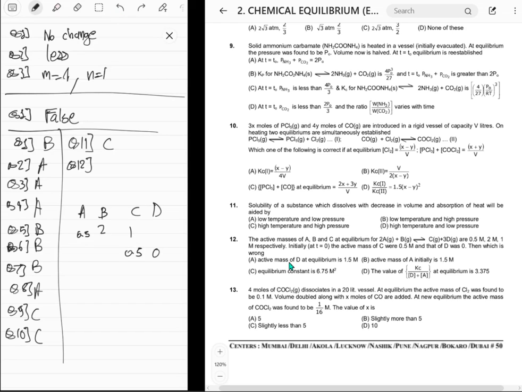So 0.5 will be added to B, so it's 2.5, and 1 will be added to A, and that will give us 1.5. This was the initial concentration, and then the reaction happened, so C and D were increased. So 0.5 increase in C, 1.5 increase in D. That means this must have been 1.5. Yes. Okay. Which of these is wrong? The active mass of D at equilibrium is 1.5. Yeah, that's very correct.